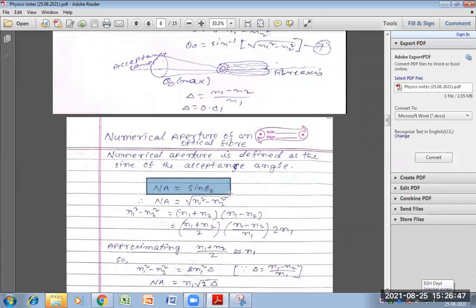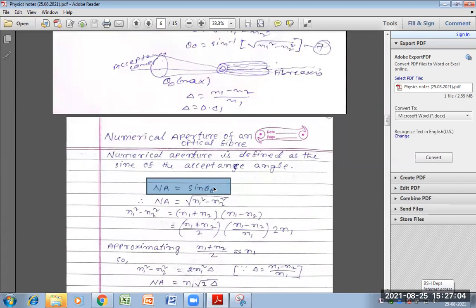Numerical aperture is defined as the sine of the acceptance angle. The acceptance angle is denoted by theta naught, so NA is equal to sine theta naught.